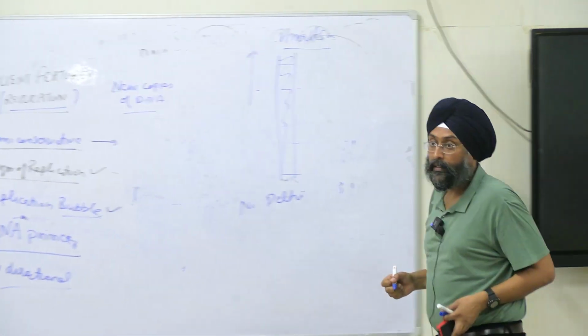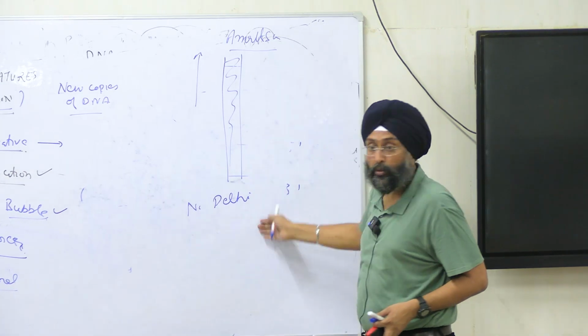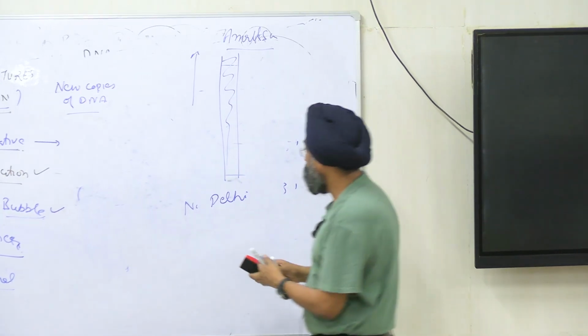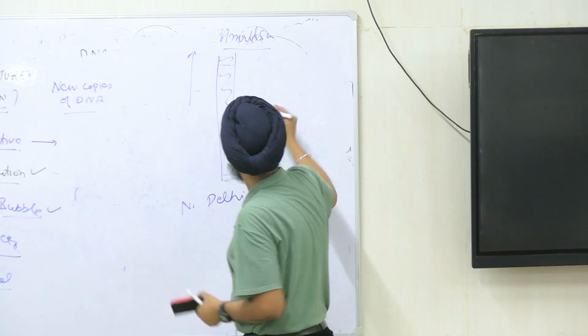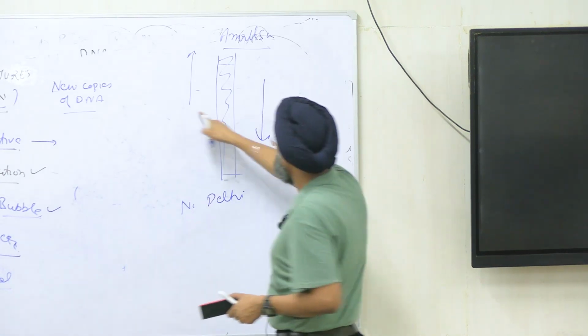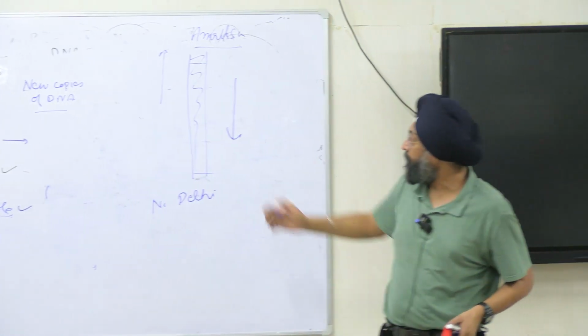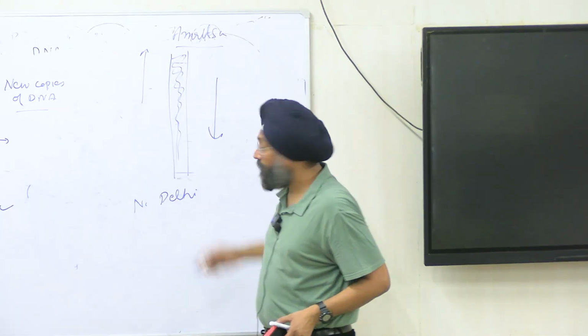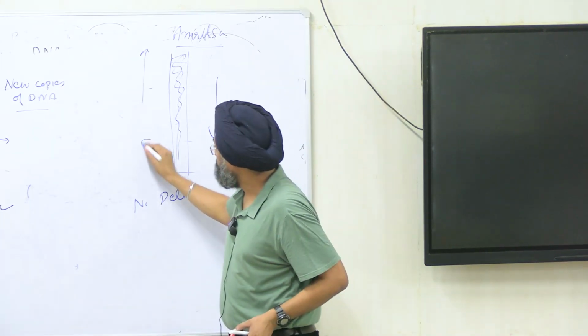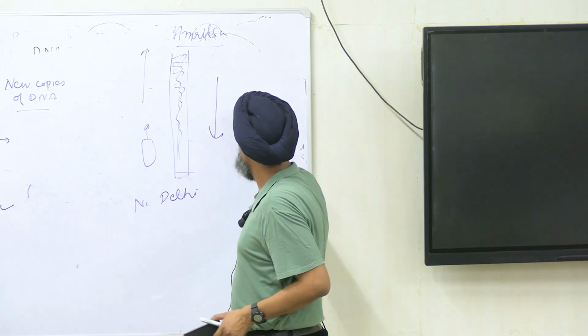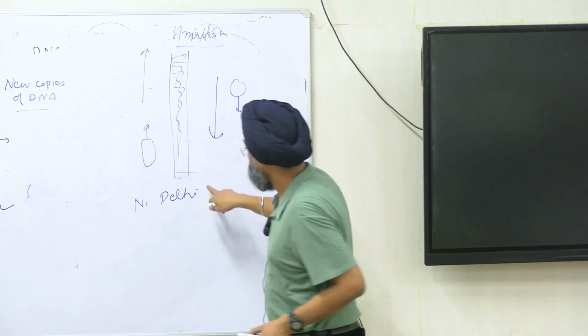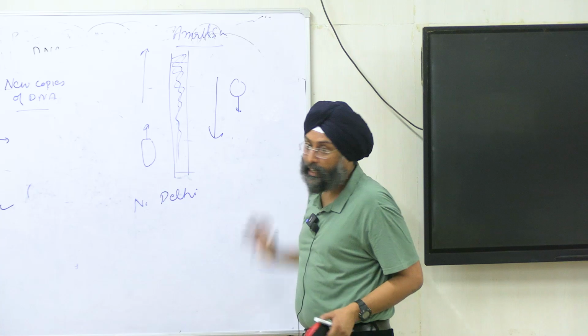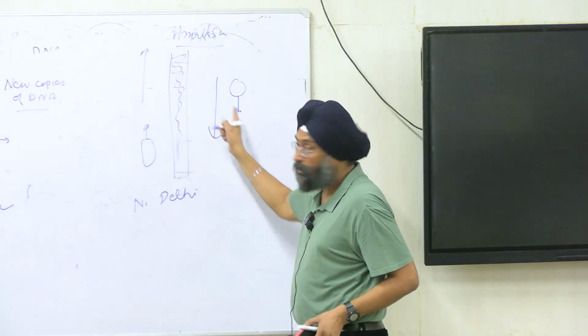You are going from Amritsar to New Delhi. The roads are anti-parallel to each other, there is a divider inside. On one side cars are going this way, and on the other side cars are coming the other way, from New Delhi to Amritsar and Amritsar to New Delhi. So it is bidirectional.